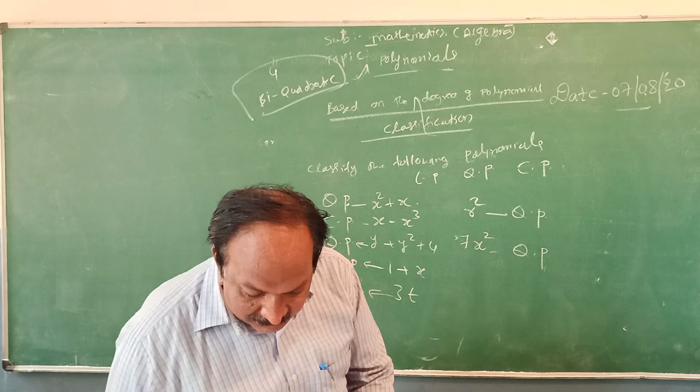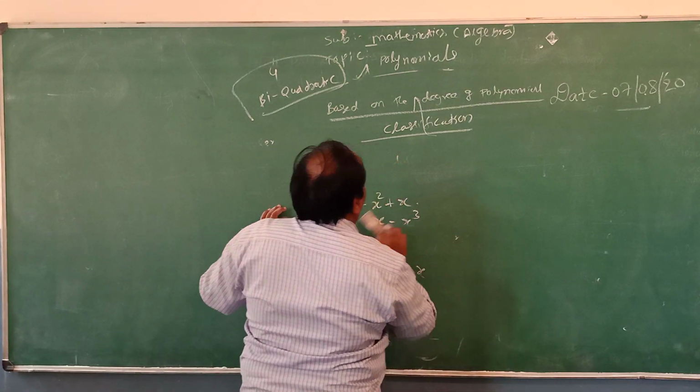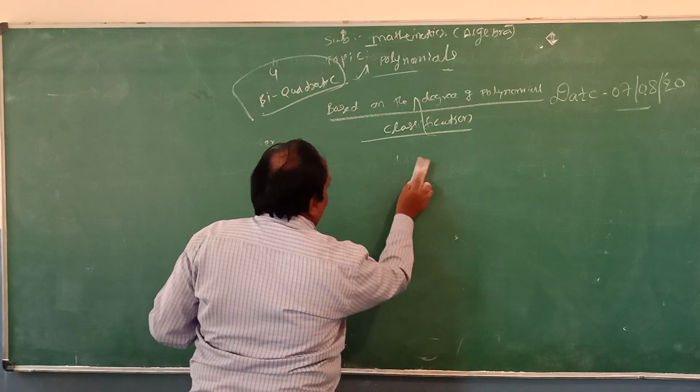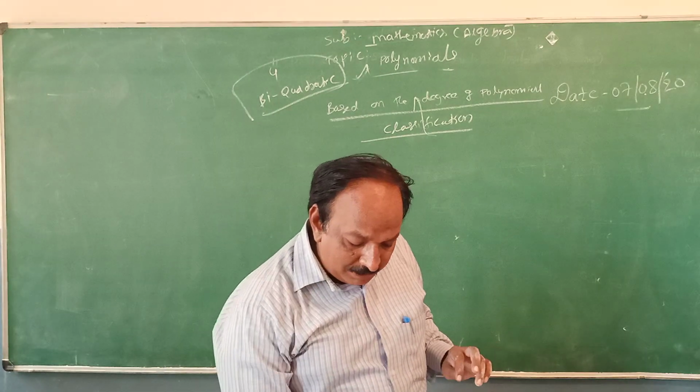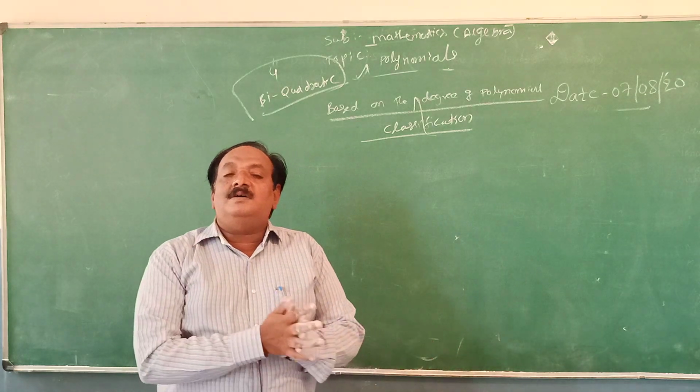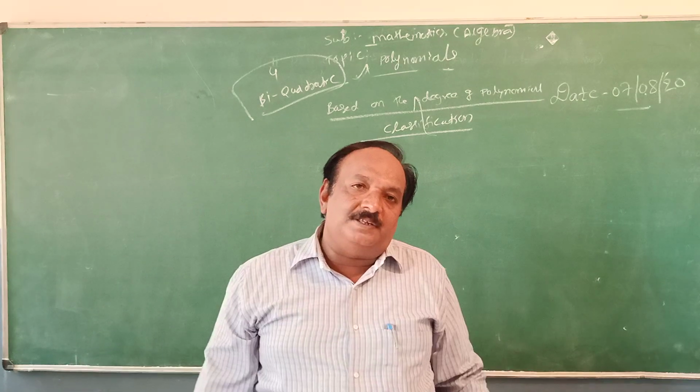Zeros of the polynomial. Shall I rub this off? Can you understand this classification of polynomials? Now, I want to recapitulate the whole concept. What is a polynomial? An expression whose degree is a whole number is called a polynomial.